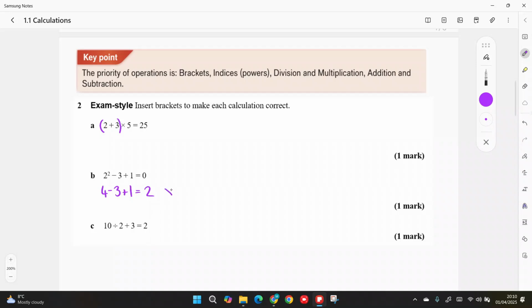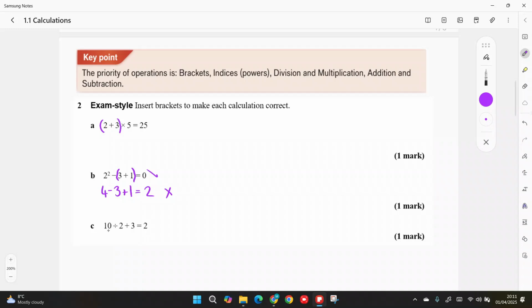So that would be no good. So therefore we've got to think we need some brackets around here to ensure that we are subtracting 4 from 4. So if I was to insert the brackets here, we would now have 2 squared take away (3 plus 1), which would equal 0.